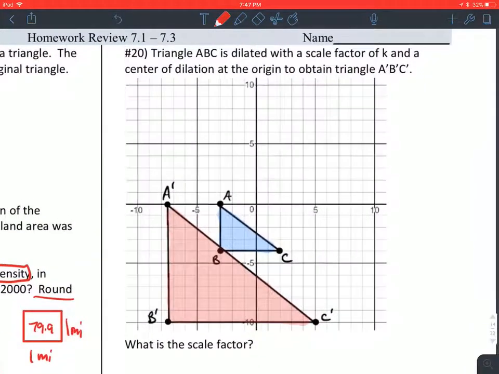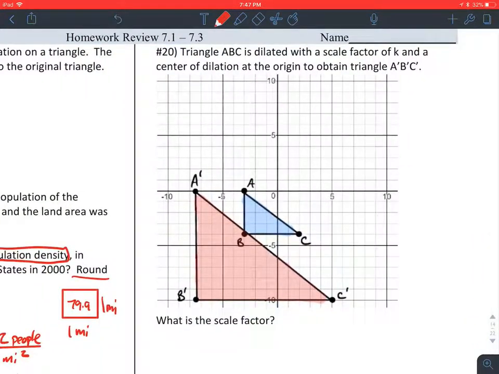Almost finished. Number 20. Triangle ABC is dilated with a scale factor of k and a center of dilation at the origin to obtain A prime, B prime, C prime. Remember, this is the pre-image and this is the image. When you look at the picture, this is drawn to scale.